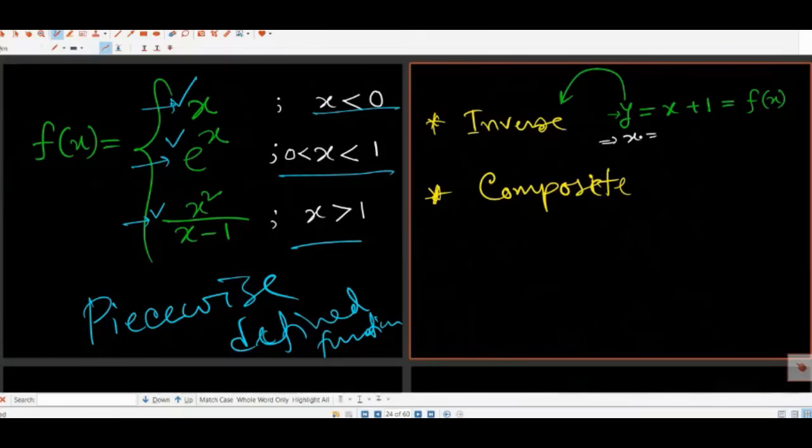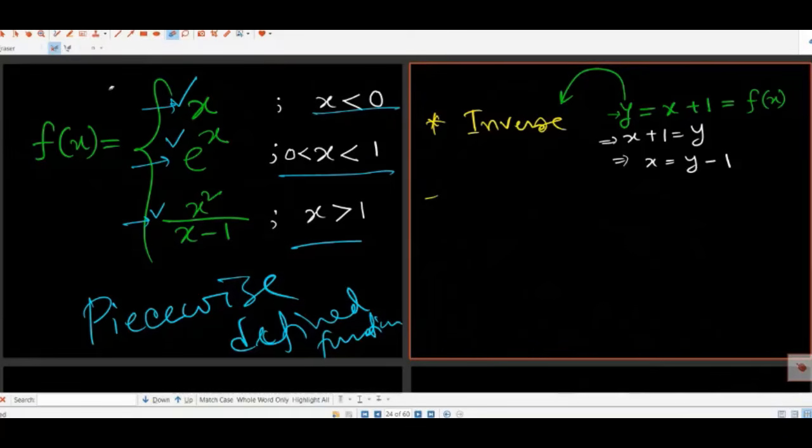Is it possible to solve the previous function or equation for x? Yes, it is possible. We can keep x on the left side. So let's say we are writing x plus 1 equals y, and then x equal to y negative 1. So now you can see that we have found a relation for x. So this is the inverse function.